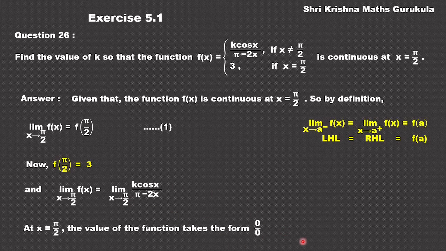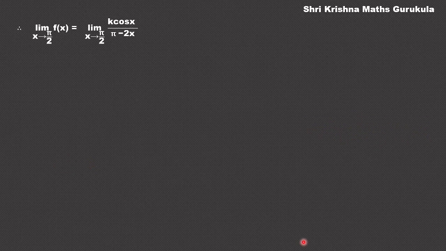So it takes the indeterminate form. Now we have to evaluate the limit by eliminating the indeterminate form. Whenever there is a trigonometric function and the limit is tending to a non-zero value, then we can solve this by substitution method. And what should be the substitution?